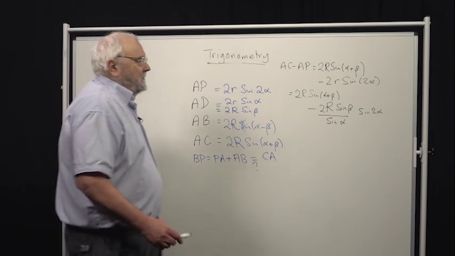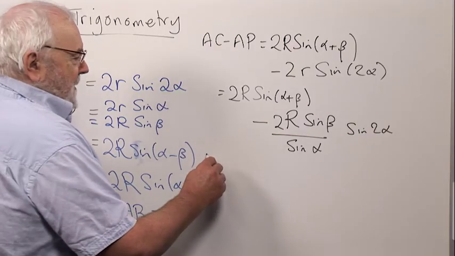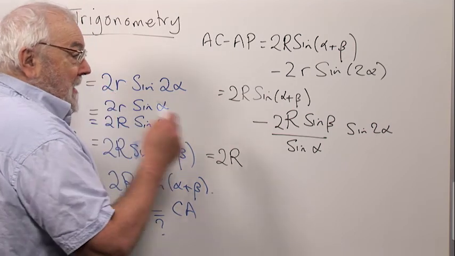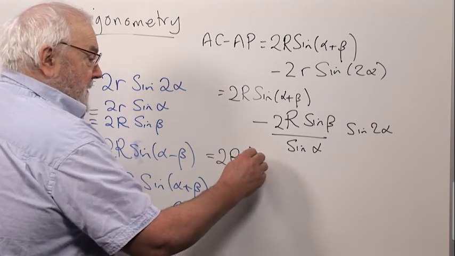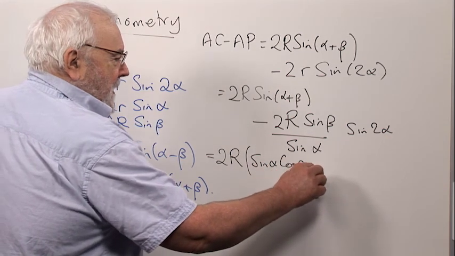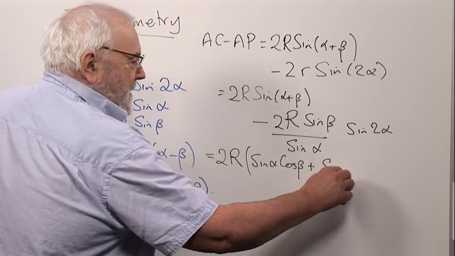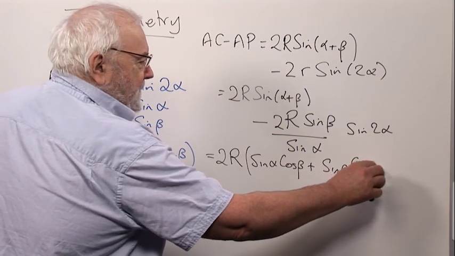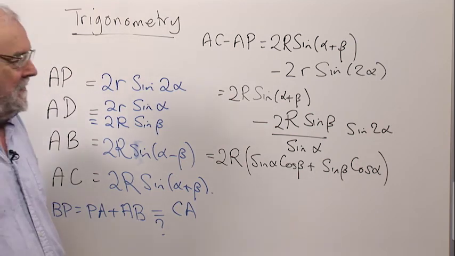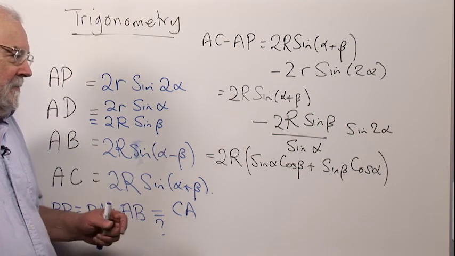Right. Now, if you know enough trig, you will know various formulas. The sine of alpha plus beta is given by the formula sine alpha cosine beta plus sine beta cosine alpha. That's a standard A-level fact, and if you don't know it already, go and read about why it's true.